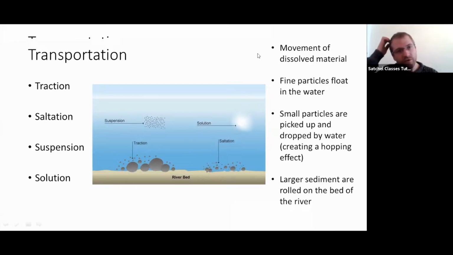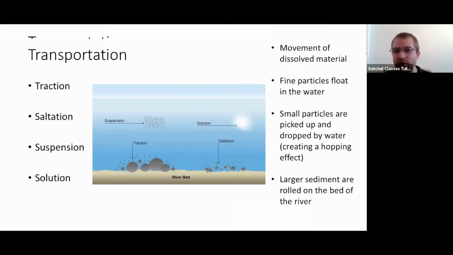So in terms of transportation, we are looking at traction, saltation, suspension, and solution. You can see a diagram that represents them in the middle. Now you've got 4 definitions on the far side. We've got movement of dissolved material, fine particles that float in the water. Small particles are picked up and dropped off by water, which creates this hopping effect.